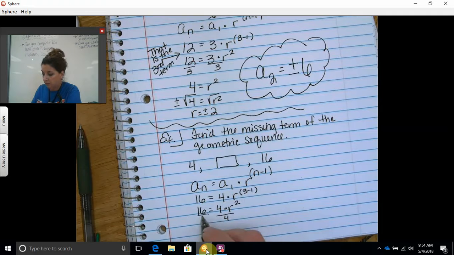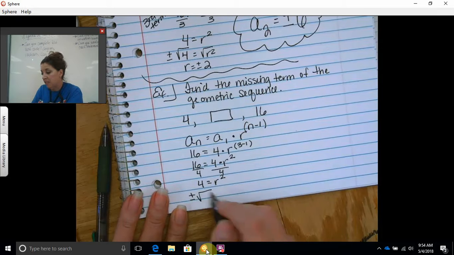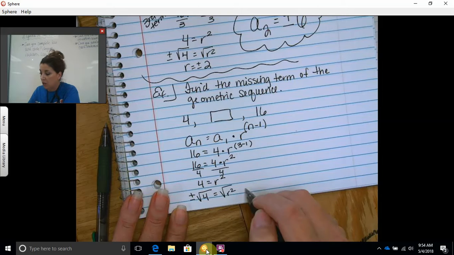Divide by 4. So 4 equals r squared. This is very similar to the one above. I'll be taking the square root, so I'm going to take the positive and negative square root since it's an even root. So r equals positive or negative 2.